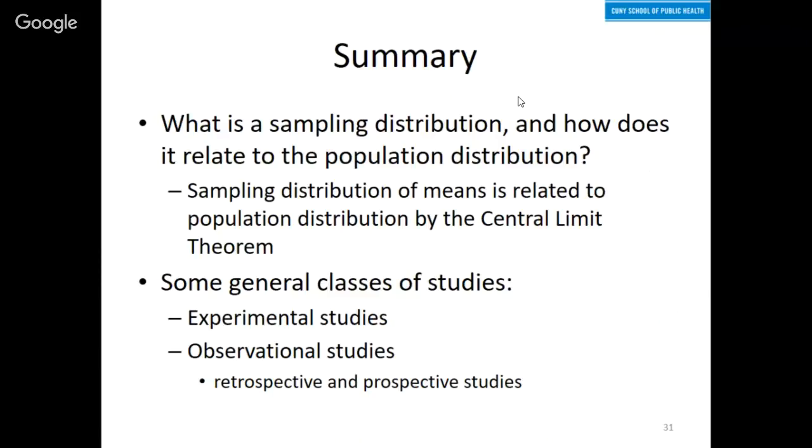A few things you should know after this class: sampling distributions and population distributions, for sure, and these three aspects of the central limit theorem. And beware of these general classes of studies, the experimental studies and different types of observational studies.